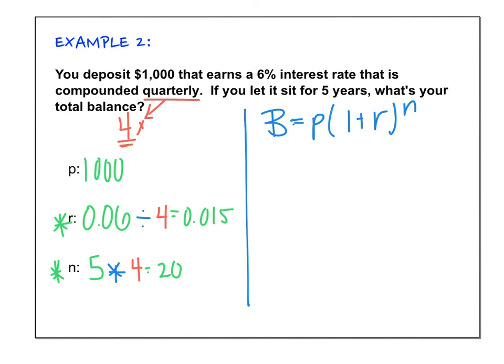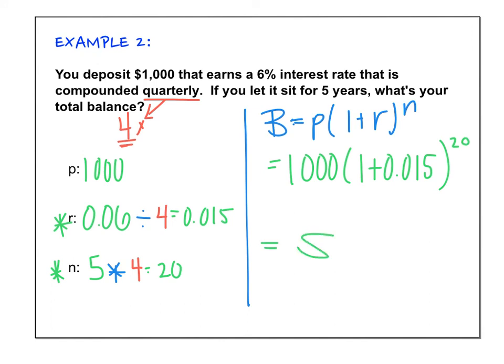I'll be plugging in 1,000 times 1 plus 0.015, all to the 20th power, which gives me a final balance of $1,346.86. You'll be practicing these on your own now, so feel free to come back to this video whenever you need a quick reference.